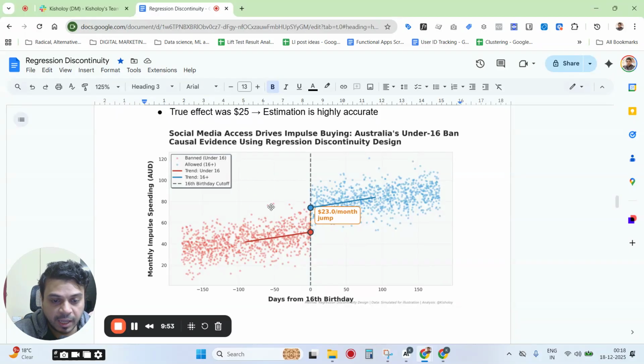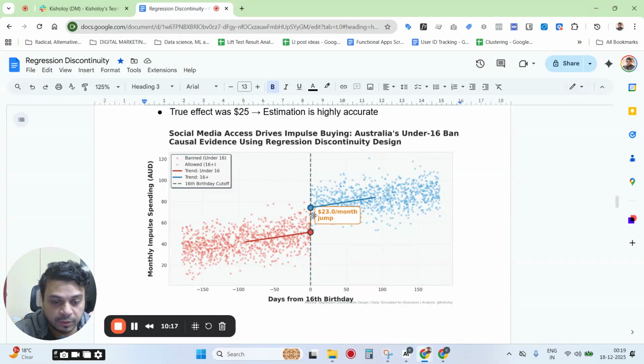So this is the social media access driving impulse behavior analysis, and as you can see, this dotted line represents the 16th birthday, which has been taken as the centering. That's why it's zero. On the left-hand side we have people who are less than 16, and on the right-hand side people above 16, who obviously have the ability to access social media.